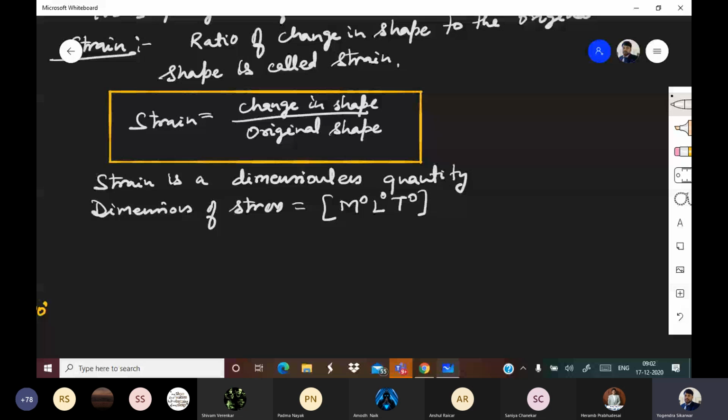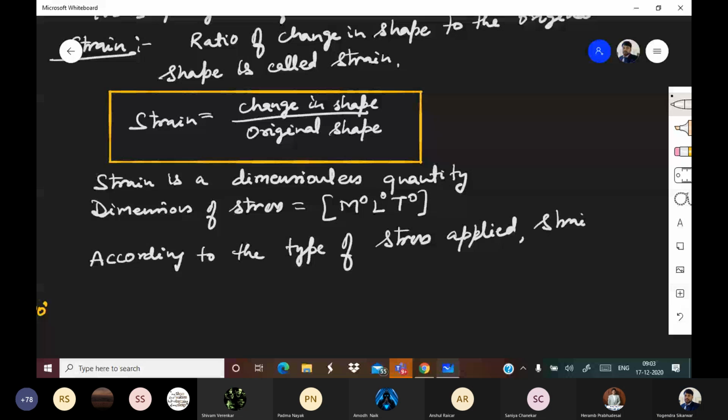According to the type of stress applied, strain is also of three types.